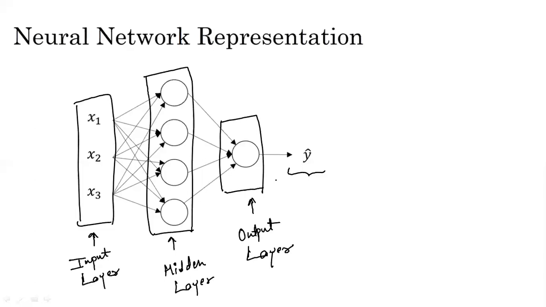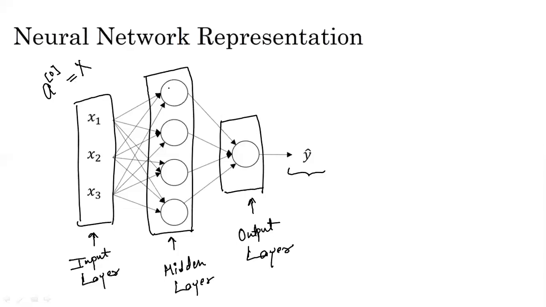Now coming to the notation, suppose the input layer is represented as layer zero, and this comprises the input feature vector x, which is x1, x2, x3 and so on if we have a very big neural network.